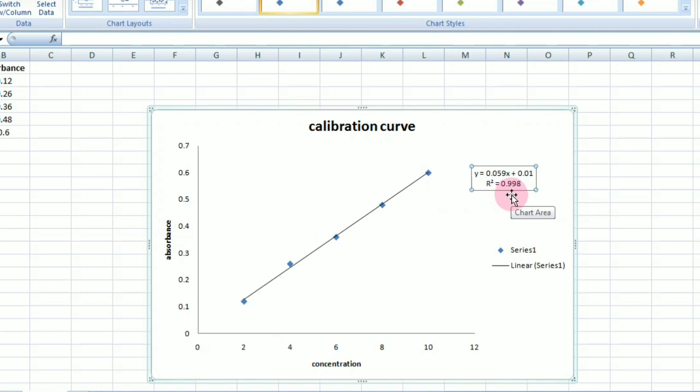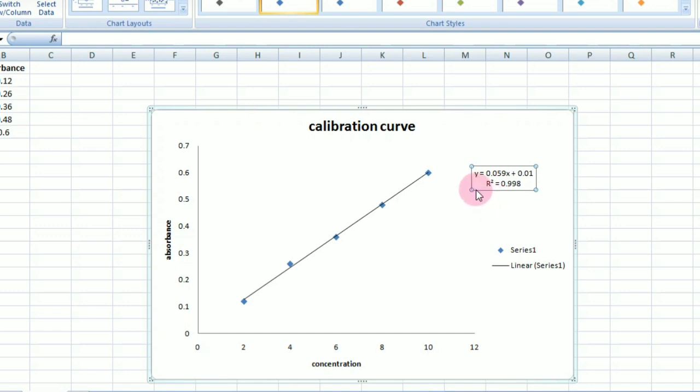So this is how, with the data, I construct a calibration curve, give the chart title as well as the axis titles, and display the regression equation and the R square value on the chart.